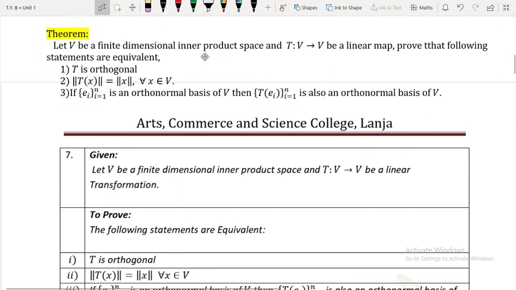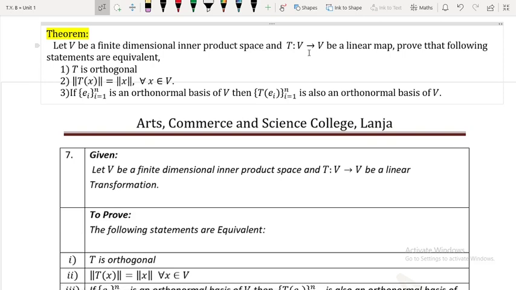So what it is saying: let V be a finite dimensional inner product space and T from V to V be a linear map. Remember, T is from V to V, and while discussing the definition of orthogonal linear transformation, I told you that a special type of linear transformation becomes orthogonal.